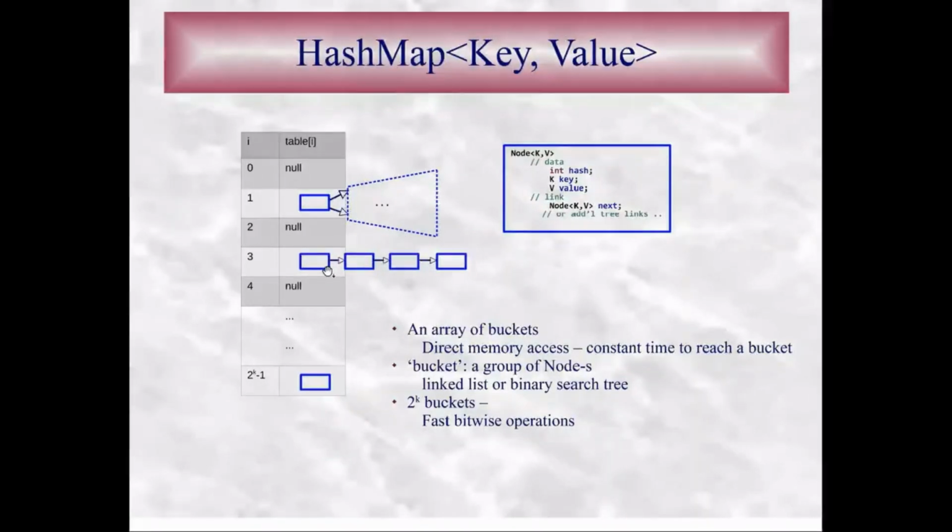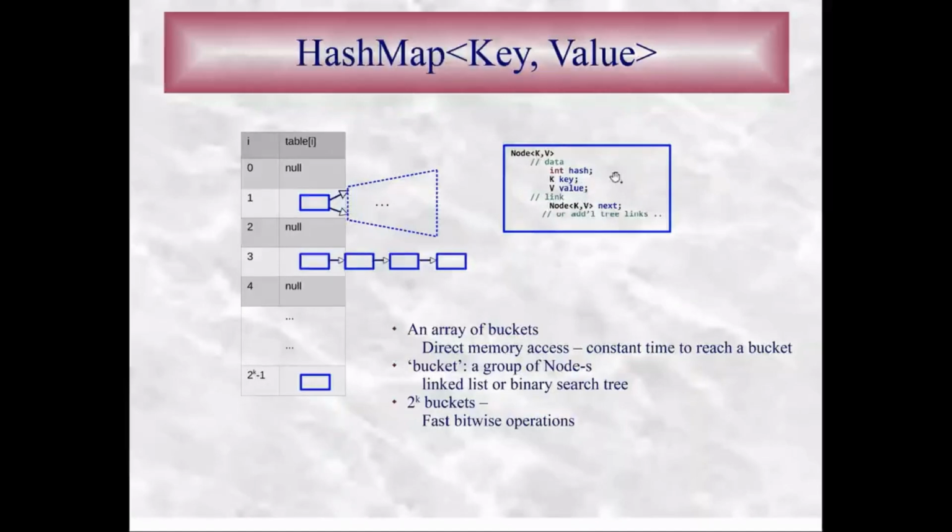Each of these nodes holds one entry and one entry only, one key value pair for each node. So in the data portion is the key and the value and this hash. We'll talk about this hash a little later, but for now we can safely think of it as the hash code of this key object.